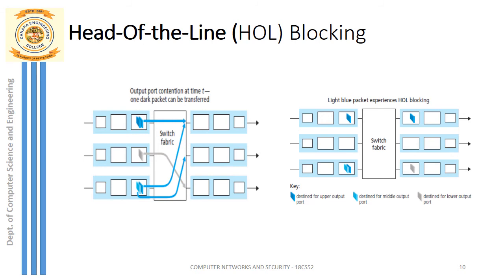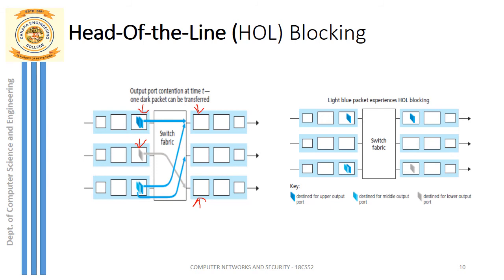We consider that there are two packets queued at the first input port, and both of these packets are destined to this particular output port, and we have one packet queued at the second input port, and this is destined for the third output port, and we have two packets in the third input port.